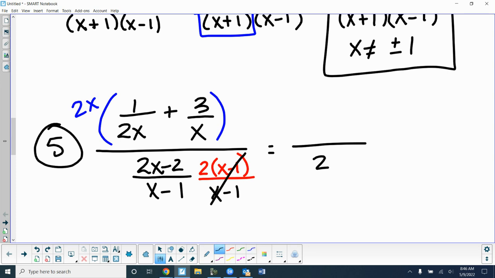What happens to the 2x and that 2x? Cancels. What do you get left? 1. What happens to this x and that 2x? The x's cancel. So what's 2 times 3? 6, right? Yeah. So what's 1 plus 6? 7 over 2, right?